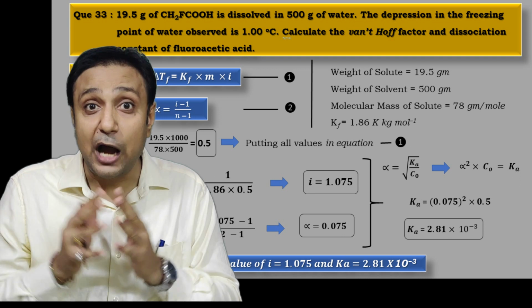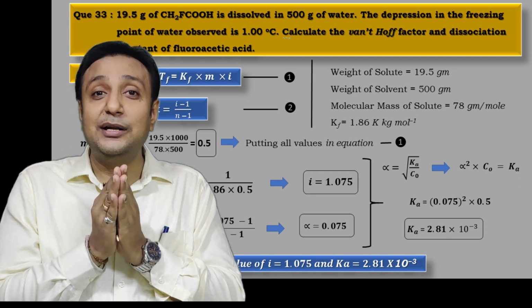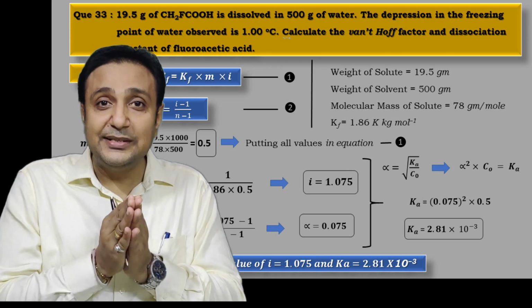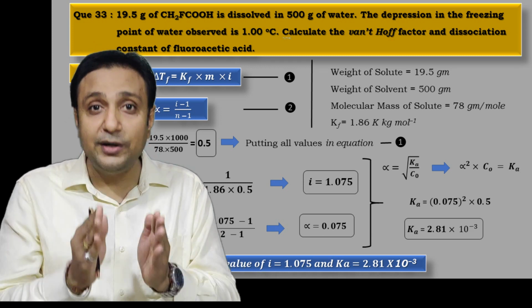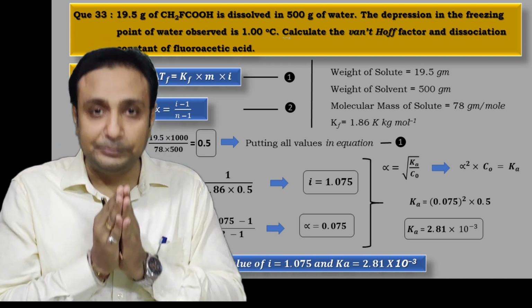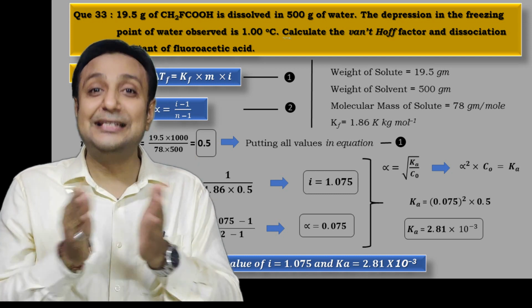But the question is how to calculate the value of Ka. That can be calculated by the formula of alpha. Alpha is equal to under root Ka divided by C0. That equation you have already studied in 11th standard in the chapter Ionic Equilibrium. But for that, we should have the value of alpha and C0.